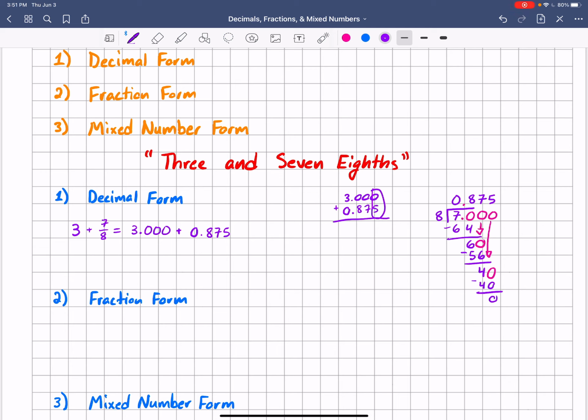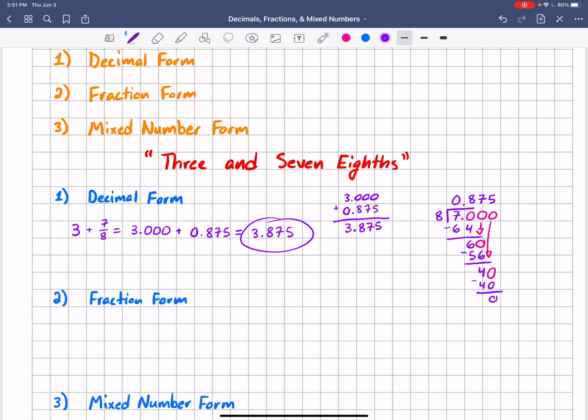So starting here, 0 plus 5 is 5, 0 plus 7 is 7, 0 plus 8 is 8, and when you're adding and subtracting numbers with decimals, the decimal stays in the same place. And then 3 plus 0 is 3. So the final answer in decimal form is 3.875. So that is 3 7/8 in decimal form.